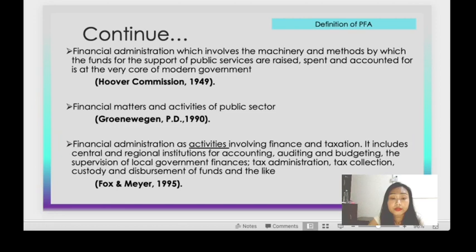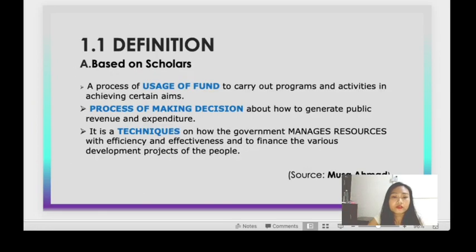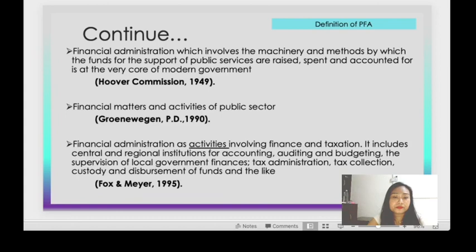Next one, according to Groenewegen, 1990, PFA is financial matters and activities of the public sector. And then Fox and Meyer, okay, according to both of them, PFA is actually activities involving finance and taxation.